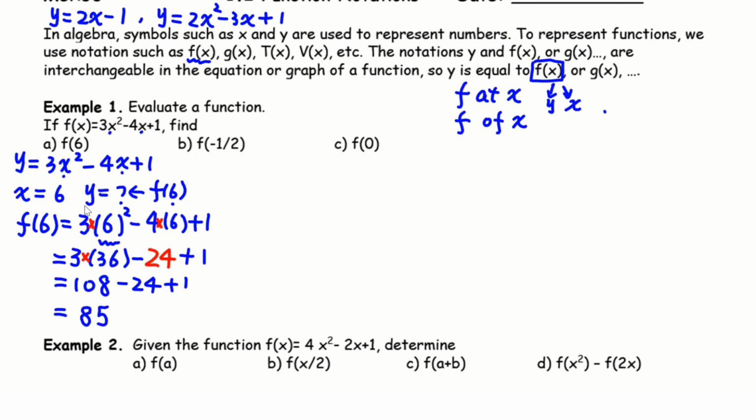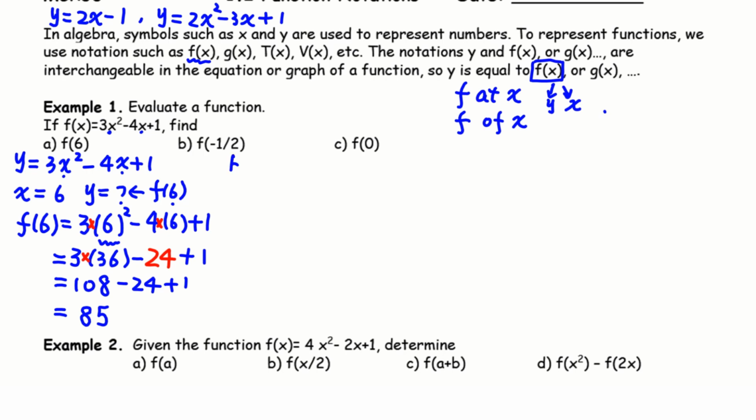So this is how you evaluate a function. So f of 6 means when the input x is 6, what's the output of function f of x. So you substitute 6 here, then look for the value of this expression.